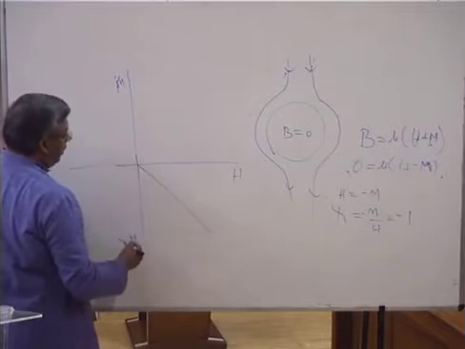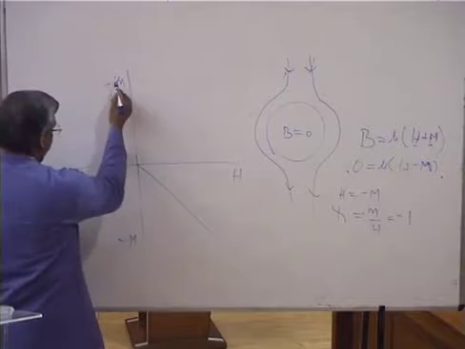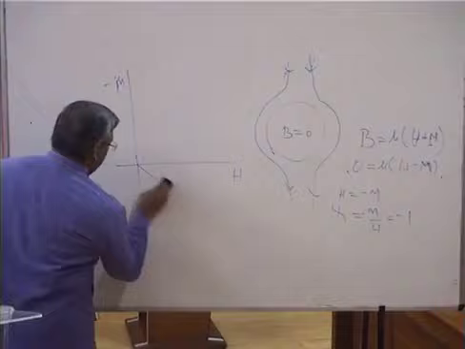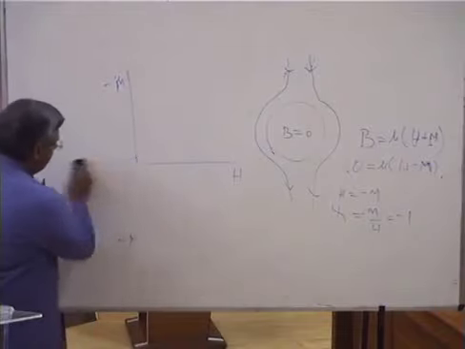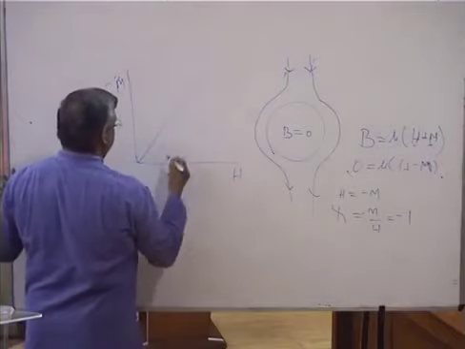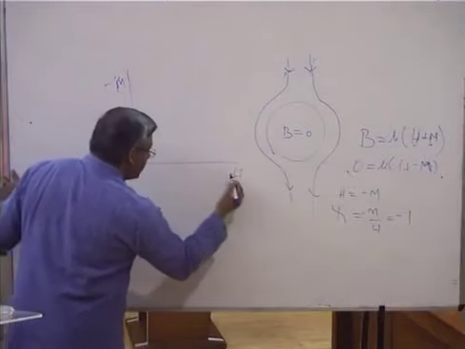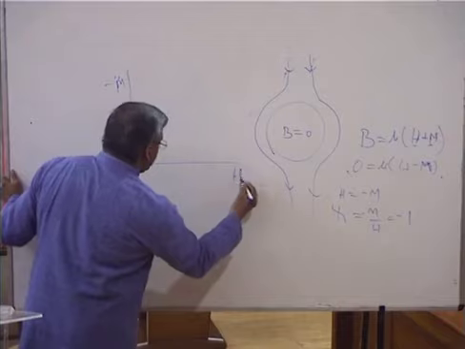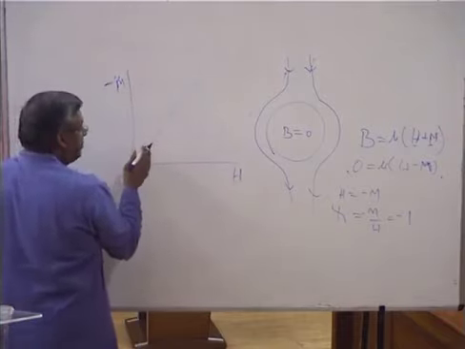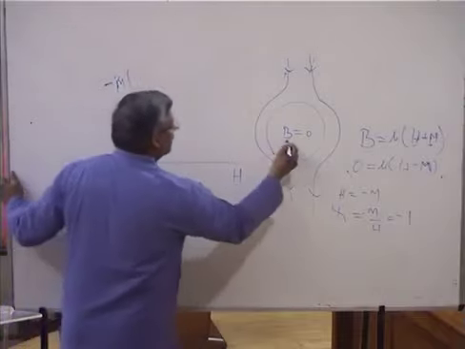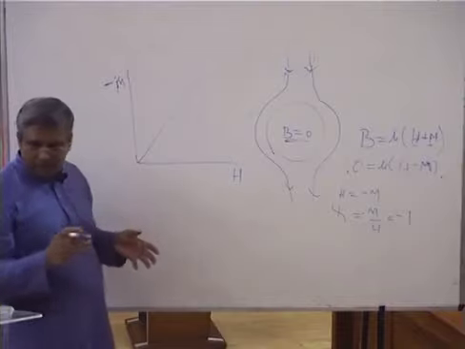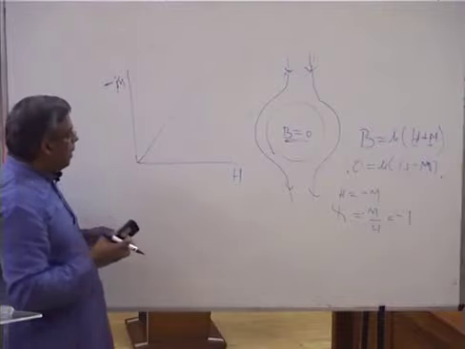Or if you put minus here, you can even draw a graph in the first quadrant itself, which means as you increase the applied magnetic field, there will be a negative magnetization in the material, exactly equal and opposite, making the field inside zero. This effect was called the Meissner effect after its discoverer.